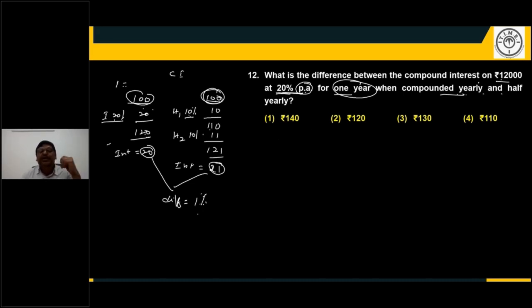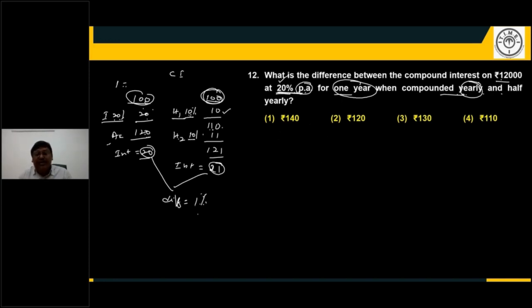See, let the principal be 100 rupees. Rate of interest is 20% per annum, so for 1 year the interest is 20, and the total amount will be 120 if you are compounding annually, yearly. If you are compounding half yearly, what do you do? What do you mean by 20% per annum? Per 100, for 1 year I am charging 20 rupees. But if you are compounding every 6 months, you have to add interest every 6 months. For the full year it is 20%, for half year it is 10%, 10% of 100 gives 110.